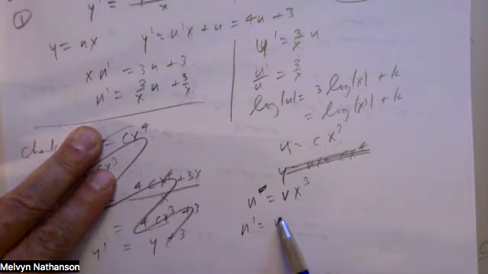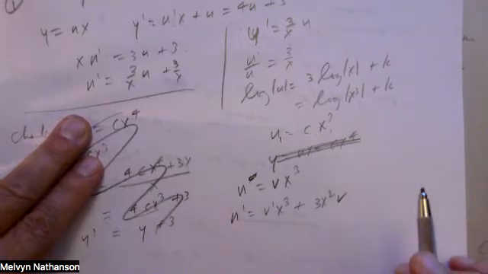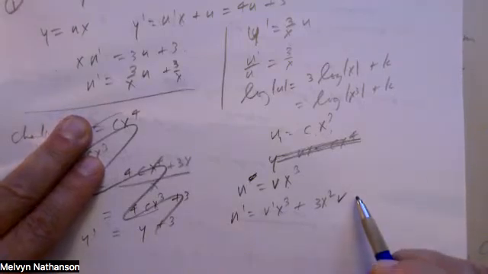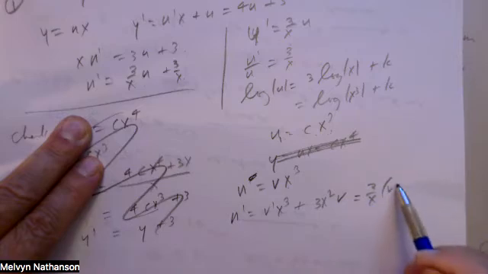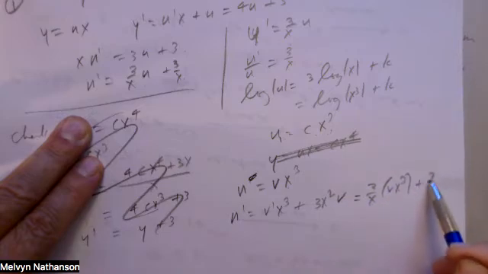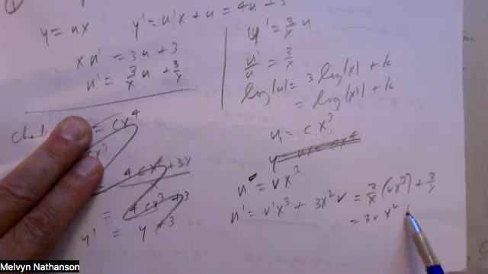So u prime is v prime x cubed plus 3x squared v. And this is supposed to equal 3 over x times u plus 3 over x. So this is 3vx squared plus 3 over x.